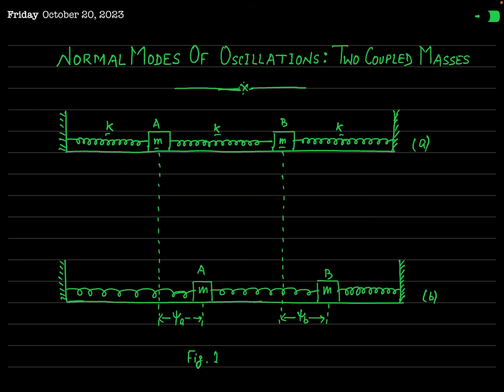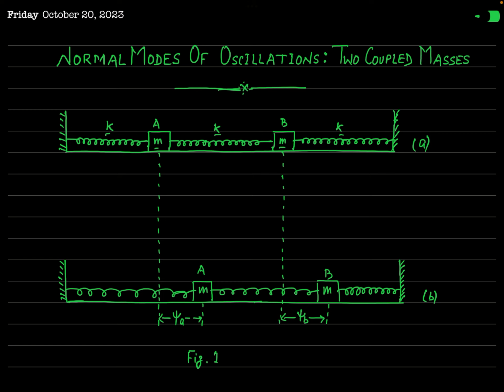So in this first part of this lecture, you will see the discussion of finding the normal modes of longitudinal oscillations of this two coupled masses system.